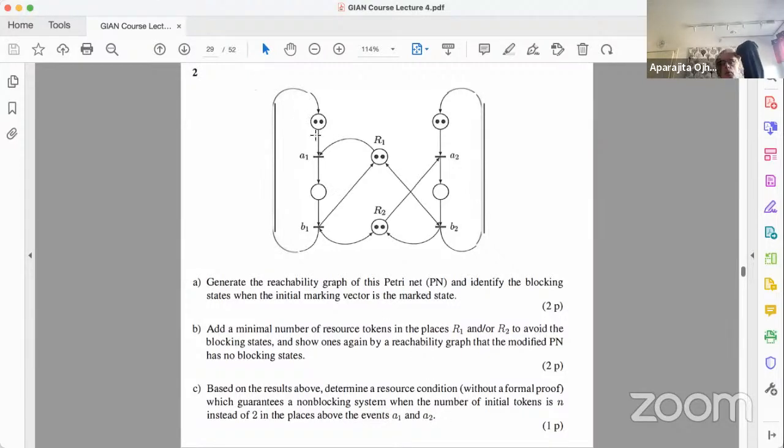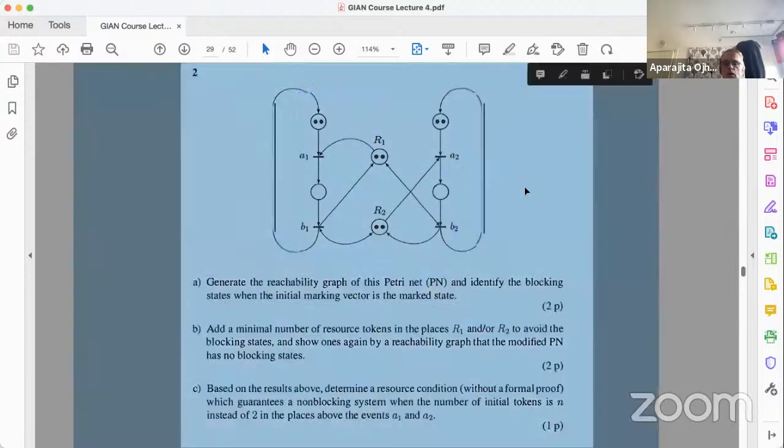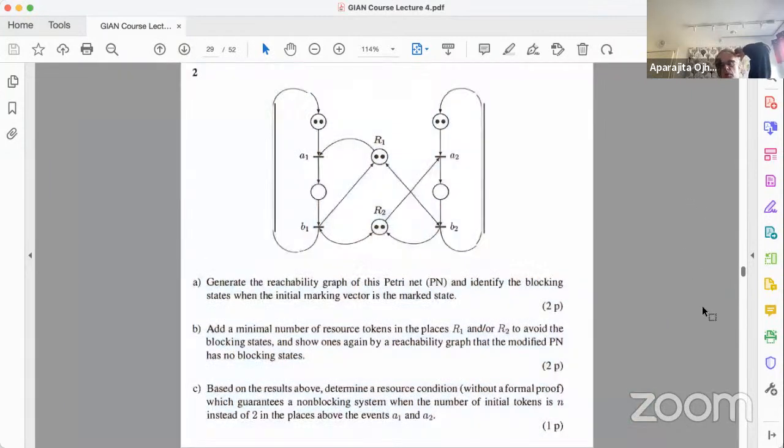So I would like to achieve here a condition on how many R1 and R2 resources are required if you have n tokens up here and here. So when I read this now, I get the feeling, oh, this was a little bit complicated problem. Let's see.